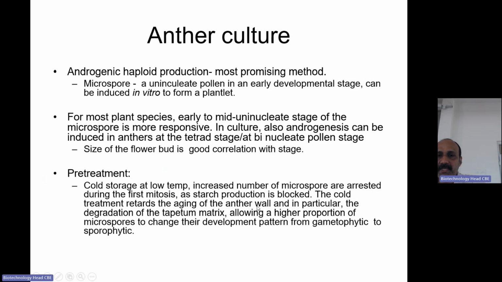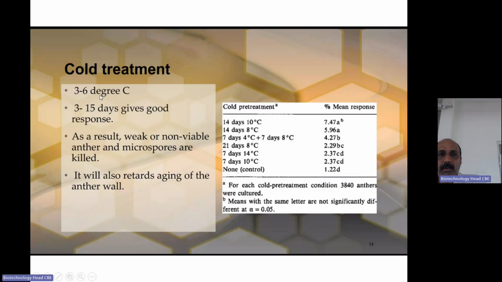It also retards the aging of the anther wall and prevents degradation of the tapetum matrix, and formation of the exine enzymes in the pollen grains, which allows a higher proportion of microspores, and the developmental pattern can change from gametophytic to sporophytic. The cold treatment can be from 3 to 6 degrees centigrade for 3 to 15 days. For example, for 14 days at 8 to 10 degrees, you can get around 7% response of those anthers.